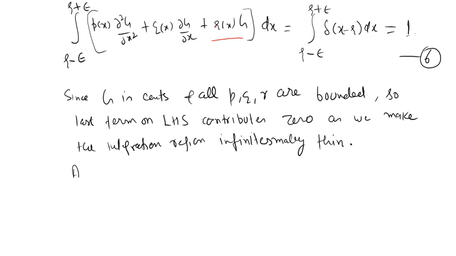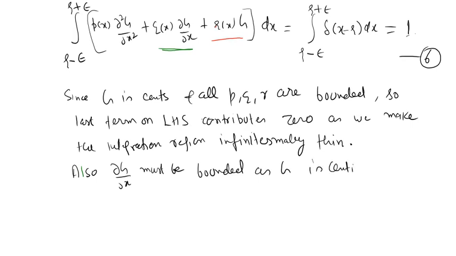Now come to the second term, this one. The derivative of g with respect to x must also be bounded. Why is it bounded? Since g is continuous, the derivative is bounded.